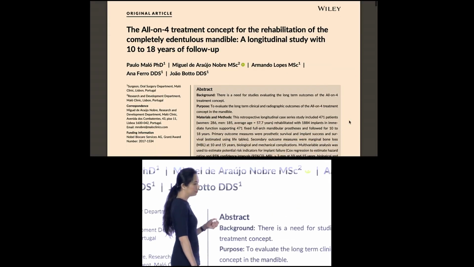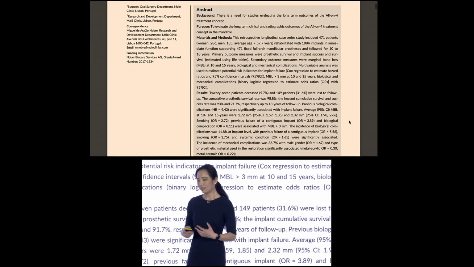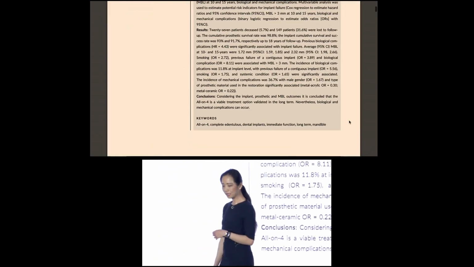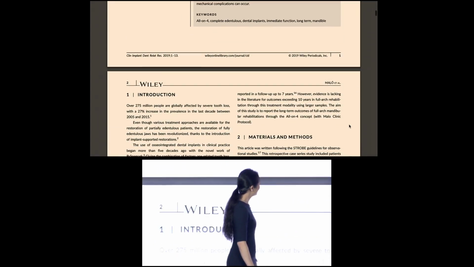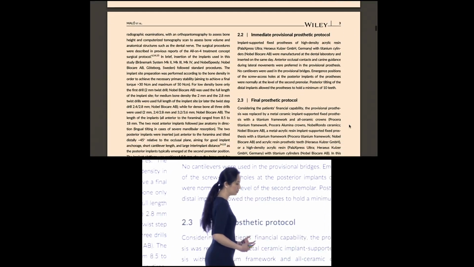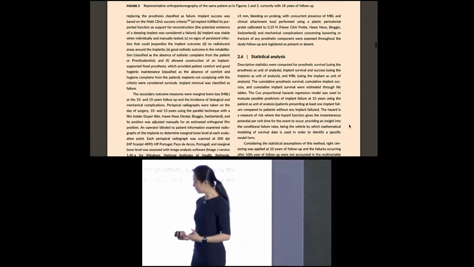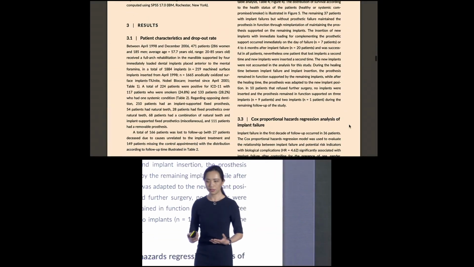If we were to look at papers where they followed patients over decades, and this is one of my favorite papers to reference from the Mayo Clinic, they followed over 400 patients, or tried to at least. And what happened in the end is that you see that biological issues were actually not that serious. They had them happen, but the percentage of occurrence is quite low.